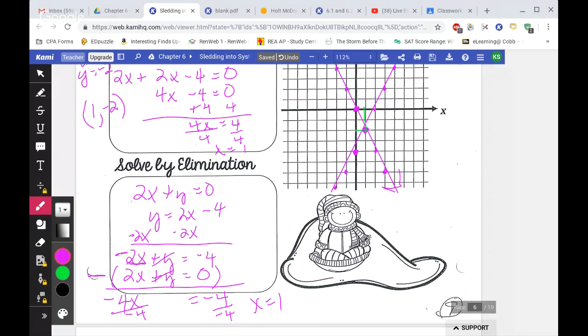It doesn't make any difference. Y equals 2 times 1 minus 4. 2 minus 4, and then negative 2. So y equals negative 2. So the solution is 1, negative 2.